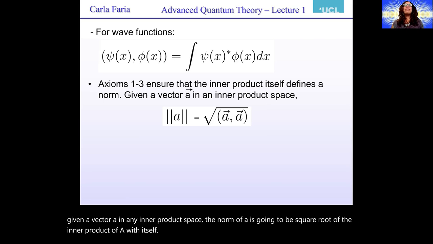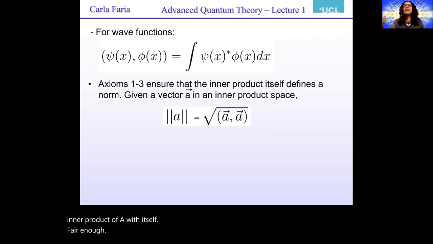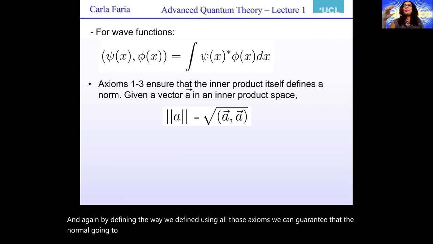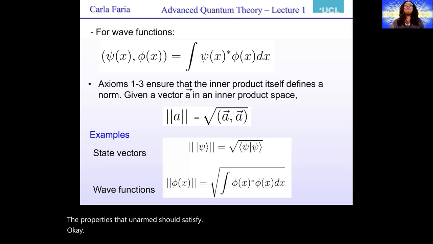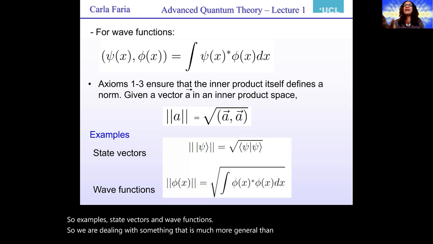Fair enough. And again, by defining it the way we did, using all those axioms, we can guarantee that the norm is going to satisfy the properties that a norm should satisfy. Okay? So examples: state vectors and wave functions. So we are dealing with something that is much more general than just vectors in R3.